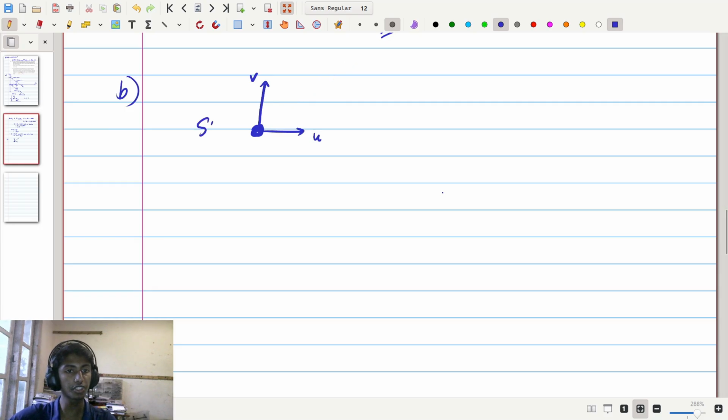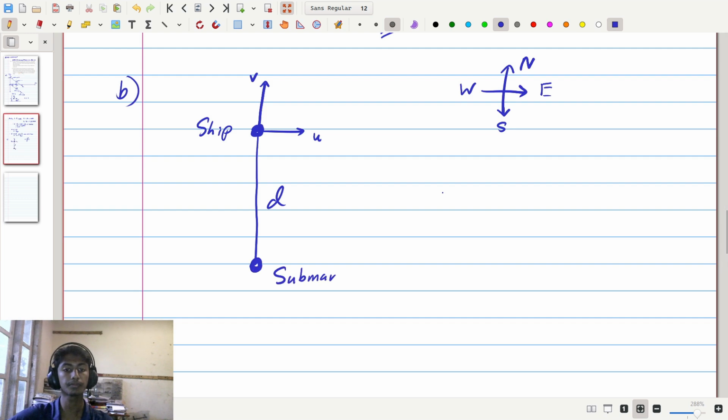Since the ship is in the northward direction at a distance of d from the submarine, we can conclude that the submarine must be the same distance d to the south of the ship at that point. So if the ship is here, then if we go southward a distance of d, we should find our submarine. So the submarine is somewhere over here.